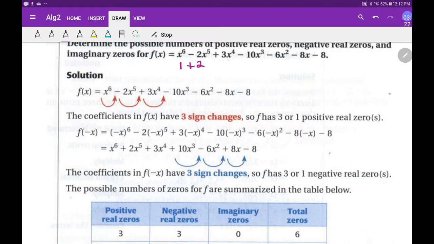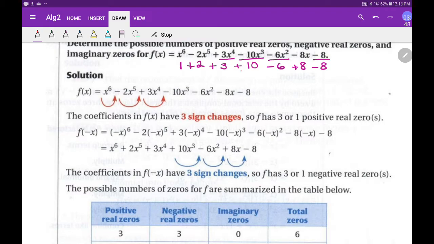If I plug it in here, no change, so it's going to stay +3. If I plug in a negative here, it's going to change to a +10. If I plug in a -1 here, it's not going to change anything, so I get a -6. If I plug in a negative here, it will definitely change that 8 to positive, and I can't change a constant, so negative.